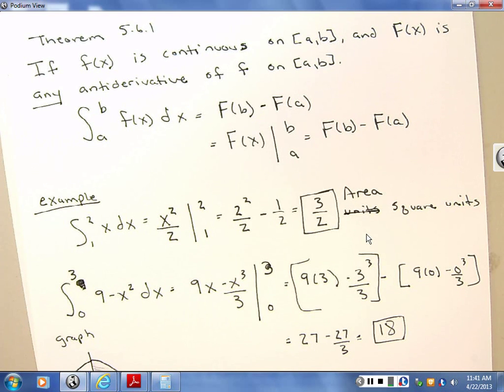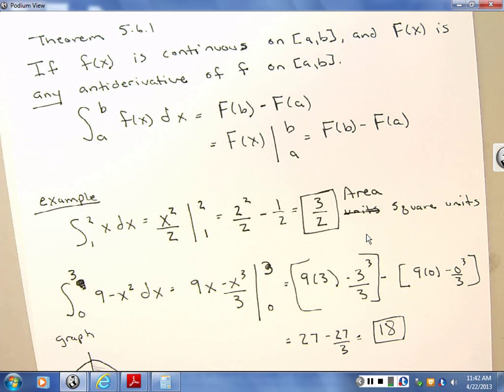You take the change in position and divide it over time. If I integrate a velocity function, I get position, and the difference in position divided by time would be average velocity. So this is kind of where this is coming from.